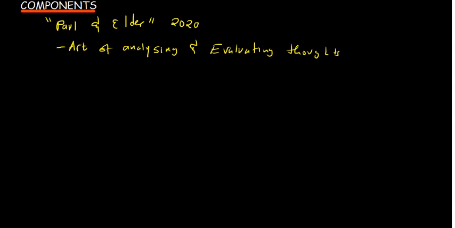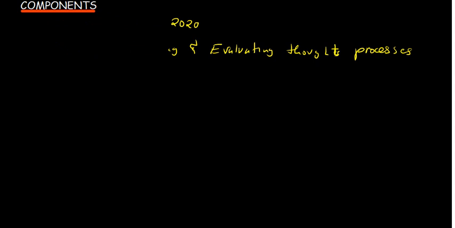Critical thinking is the art of analyzing and evaluating thought processes with a view to improving them. So you analyze and evaluate thought processes in order to be able to improve them. Your aim is to make sure that there's an improvement. That is what these two people defined as critical thinking: that art of analyzing and also being able to evaluate.